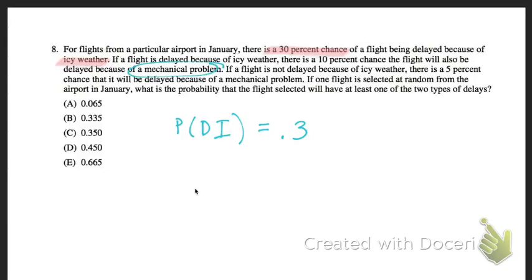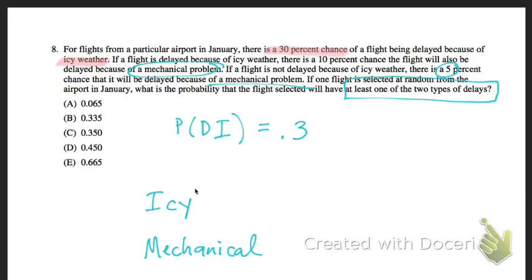If the flight is not delayed because of icy weather, there is a 5% chance that it will be delayed because of a mechanical problem. If one flight is selected at random, what is the probability that it will have at least one of the two types of delays? So, thinking about this, there's two outcomes. You're either going to have a delay because of icy weather, or you're going to have a delay because of mechanical problems.